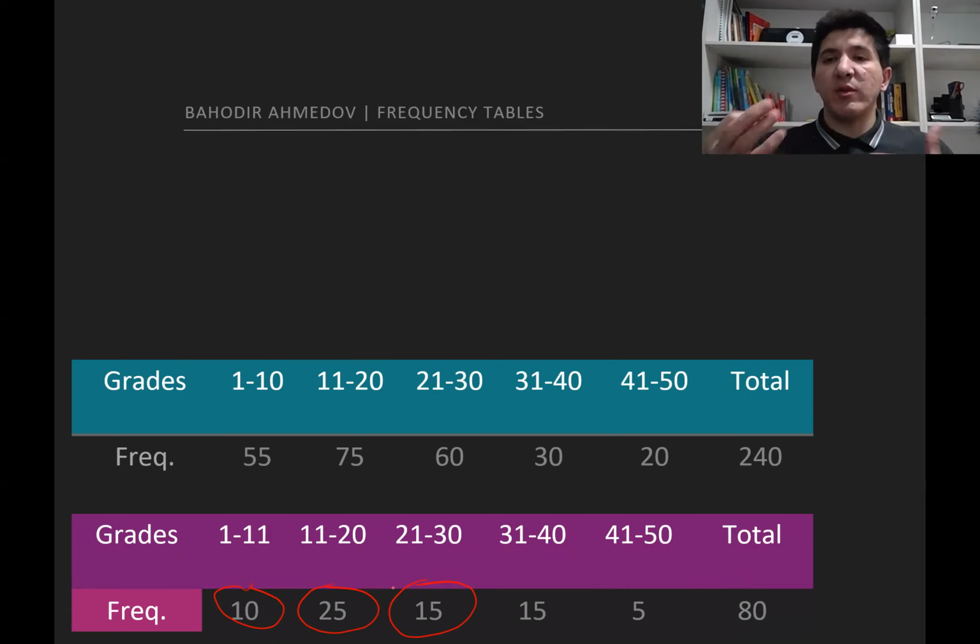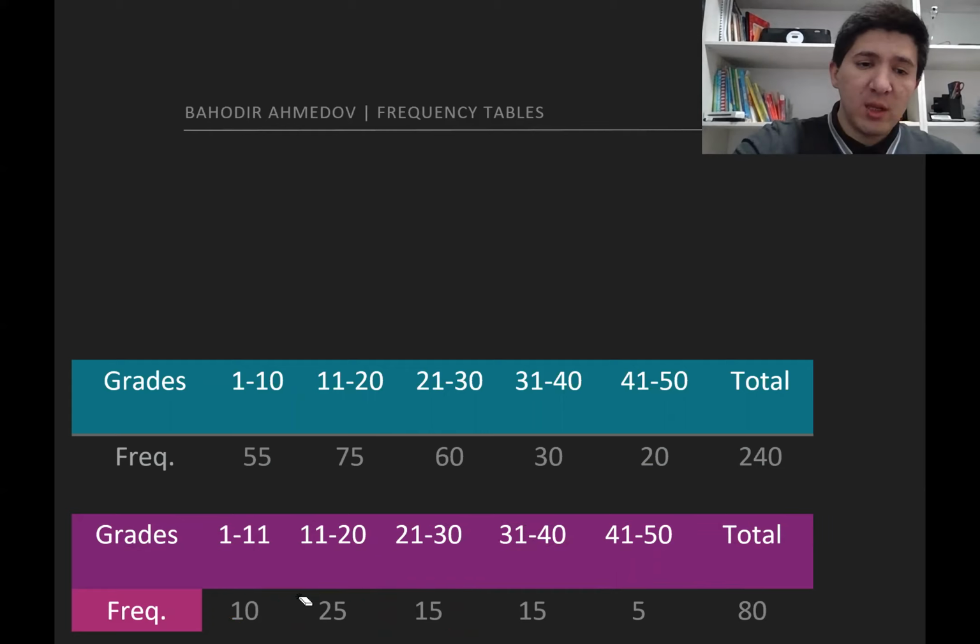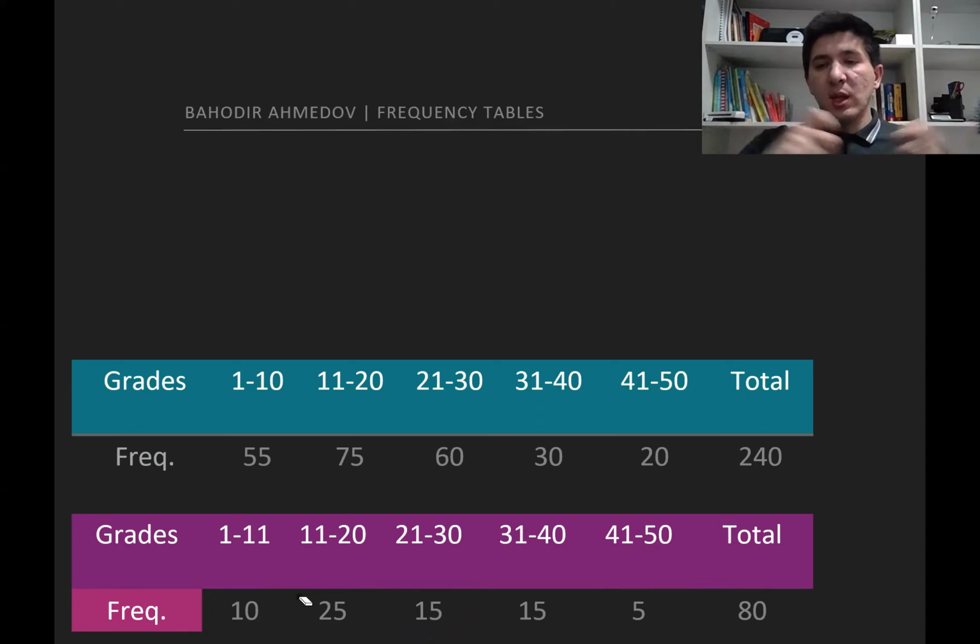Now, let's assume that I would like to compare the performance of these two groups. And it's really difficult. Even though I see the distribution of the grades for the first group and for the second group separately, comparing these two frequency tables is really difficult because of the different scales of the numbers, right?